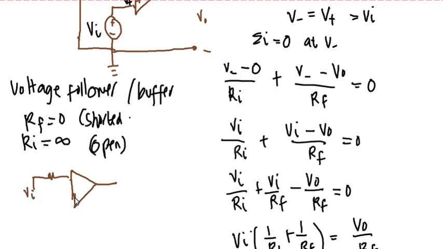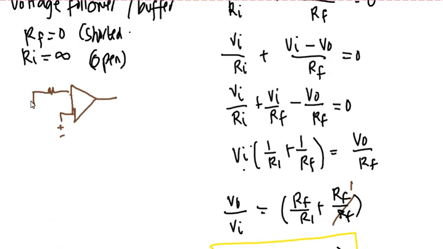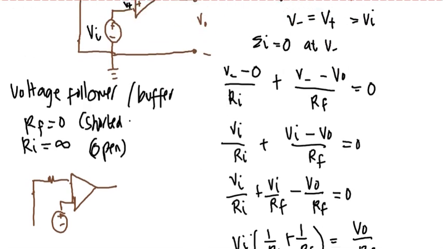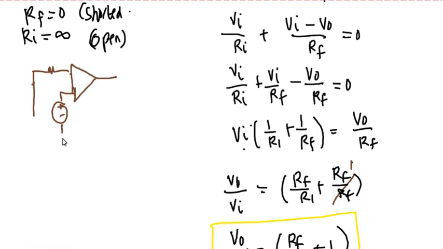VI, this will be plus minus, connected to ground, and we will have a resistor here. So originally this is our circuit.